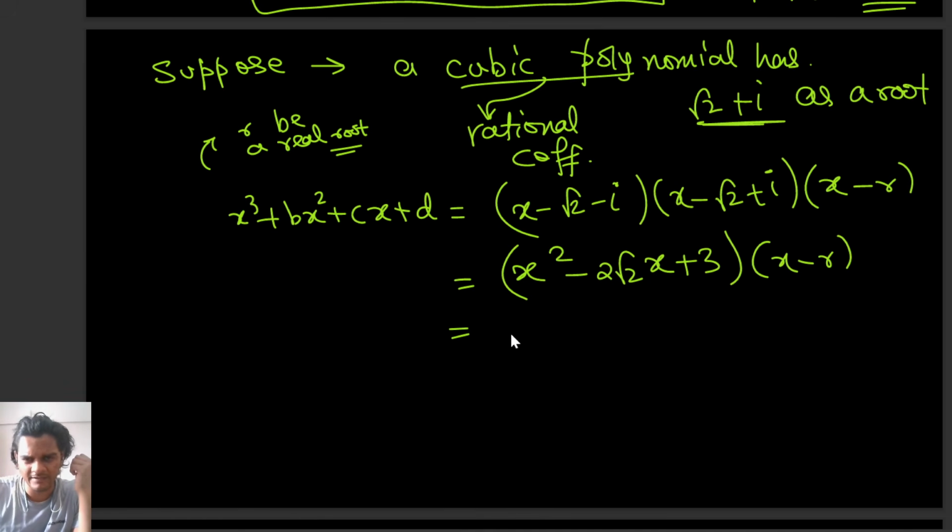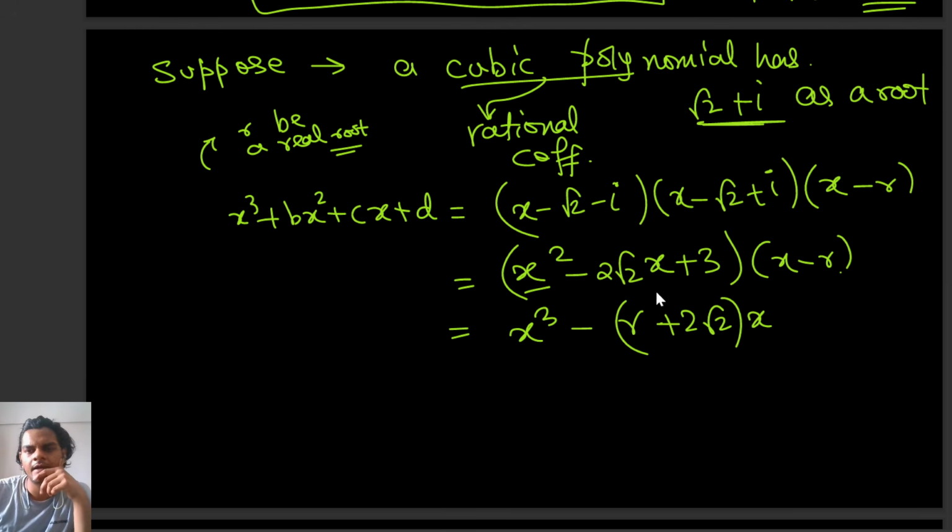So how would that look like? x cube minus, so I want x square, so x into minus r, plus 2 root 2 whole x, right? That's what you'll get, minus r minus this.